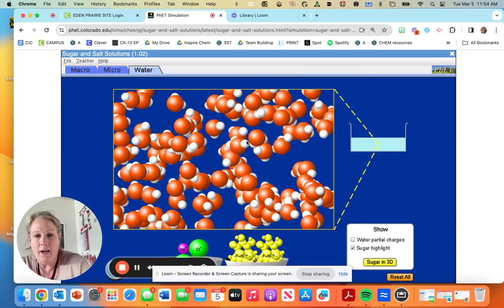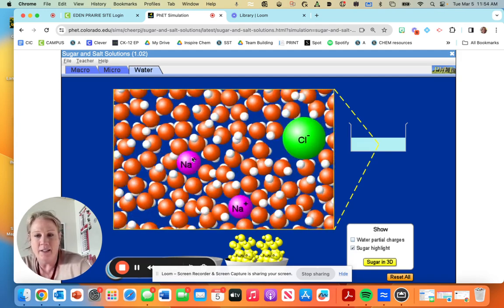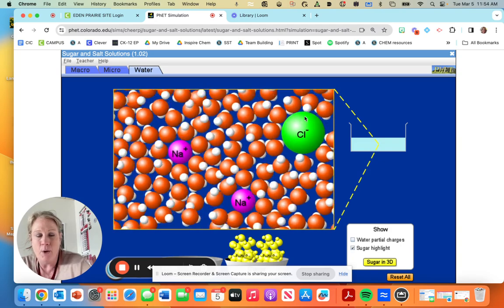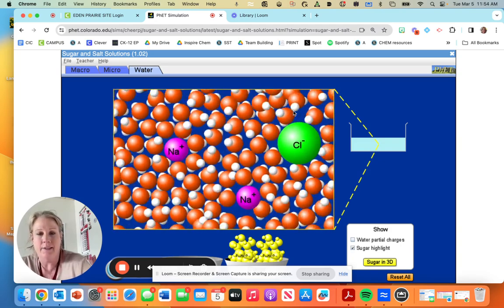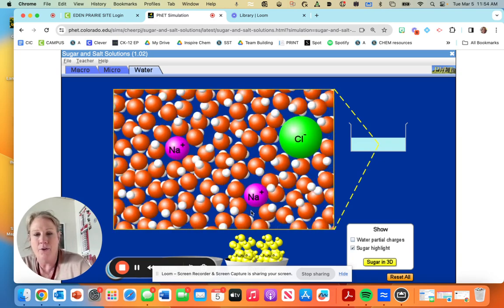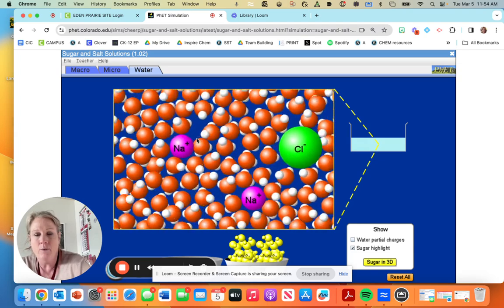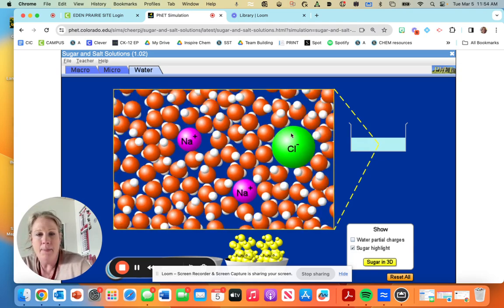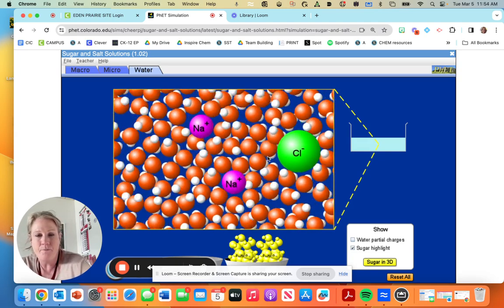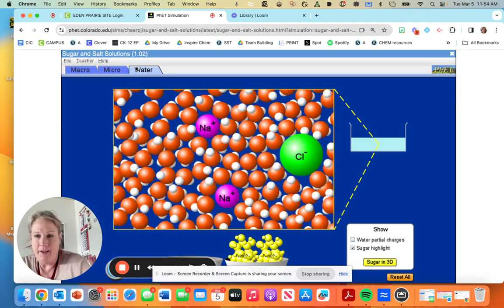And then when you look at water, you'll see the reason they dissolve in water is because water is polar. It has a positive part of water and a negative part of water. So if you watch closely, the sodiums are all surrounded by the red, which is the oxygen part of water, and the chlorides are surrounded by the white, which is the hydrogen side of water, which is partially positive.